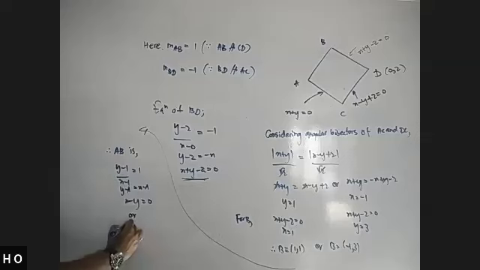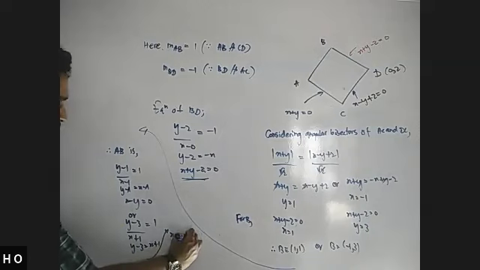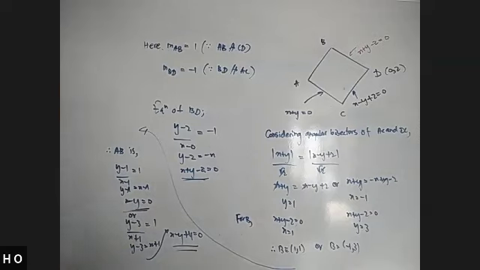Or the other one: y minus 3 over x minus (minus 1) is 1, so y minus 3 is x plus 1. Therefore, x minus y plus 4 equals 0. These are two equations.